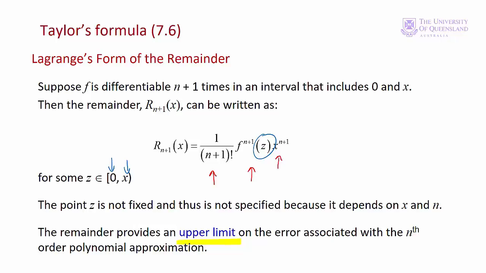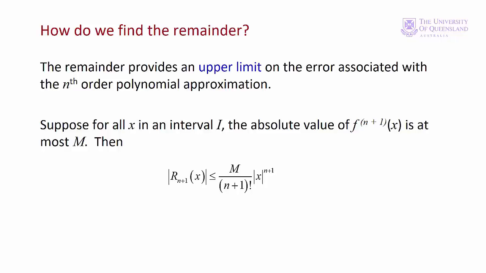So, how do we put this formula into practice? We consider the interval 0 to x and determine when the absolute value of the (n plus 1)th derivative, f^(n+1)(x), is greatest.